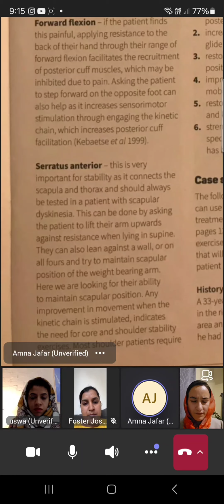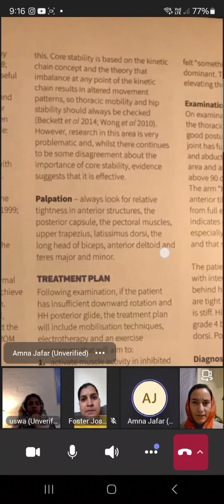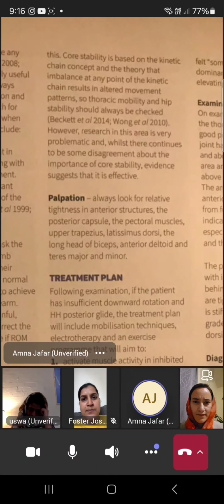Obviously your scapula is stabilized when you are attaining the position of corner wall stretches or simple wall stretches. Any improvement in movement when the kinetic chain is stimulated indicates the need for core and shoulder stability exercises.